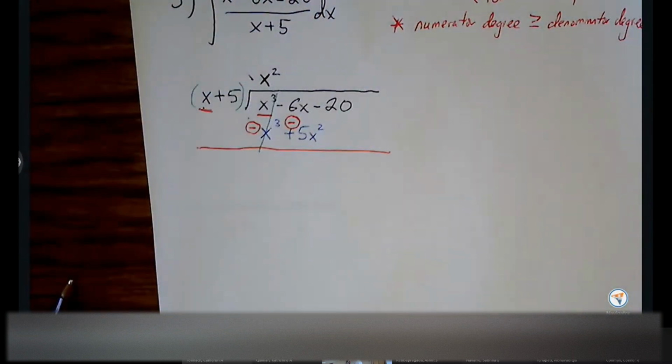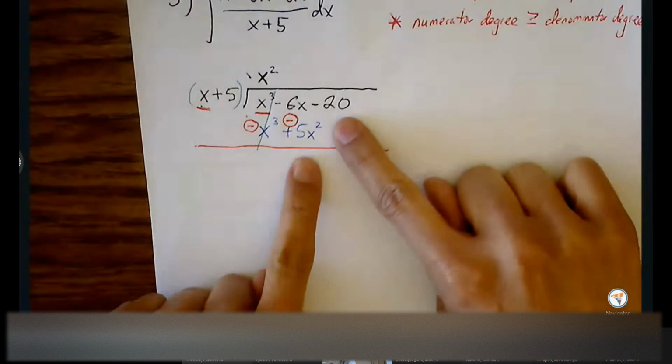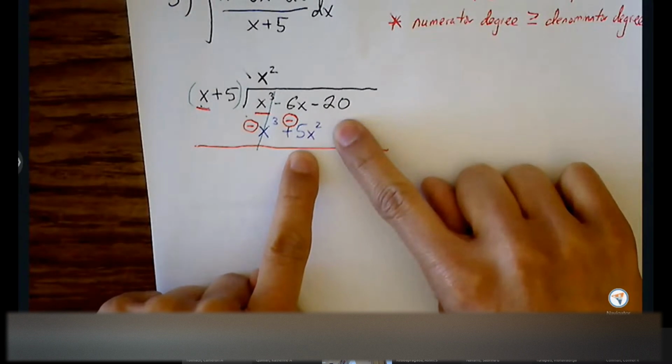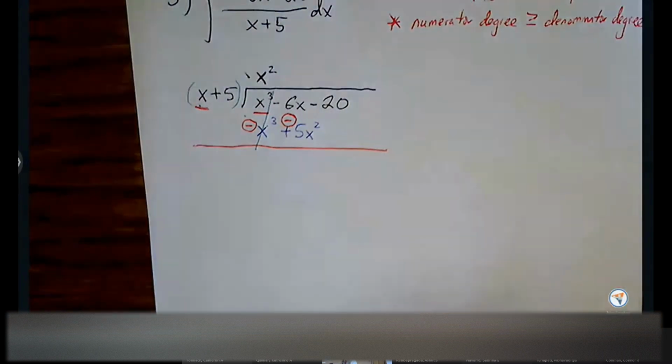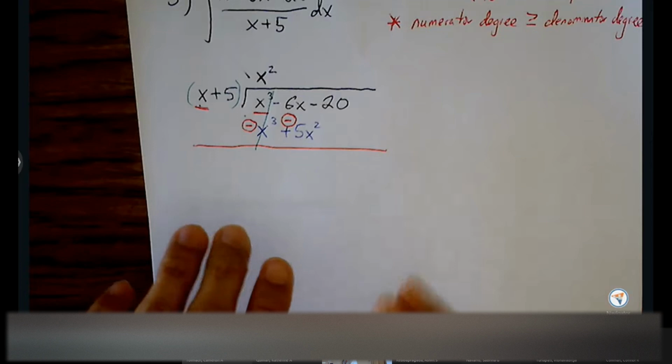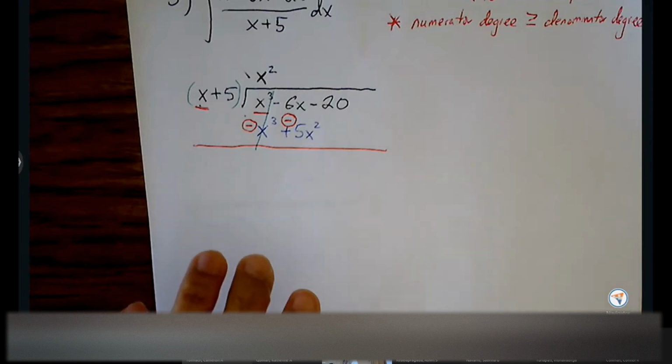Now the remaining terms, we may have like terms, we may not have like terms. We just got to be careful. If we have like terms, we can combine and bring them down. If we don't have like terms, we got to bring them all down separately. So what do you see? Any like terms? No like terms. So we're going to bring them all down. The way you bring them down is in descending order.